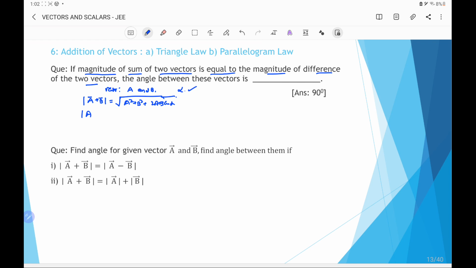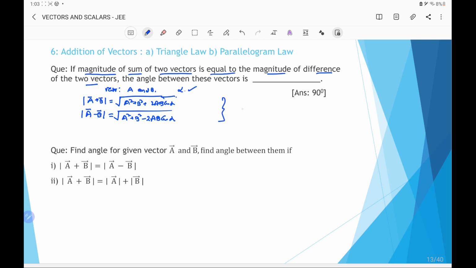Similarly, the magnitude of the difference of the two vectors, using the parallelogram law, is square root of A square plus B square minus 2AB cos alpha. So, as per question, the magnitudes are equal.